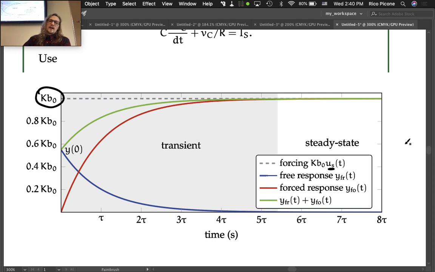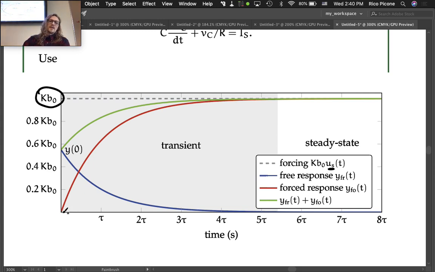And then we have first the free response. So the blue line is the free response, which is the response of the system to the initial conditions alone with no forcing function at all. The red line is the forced response.